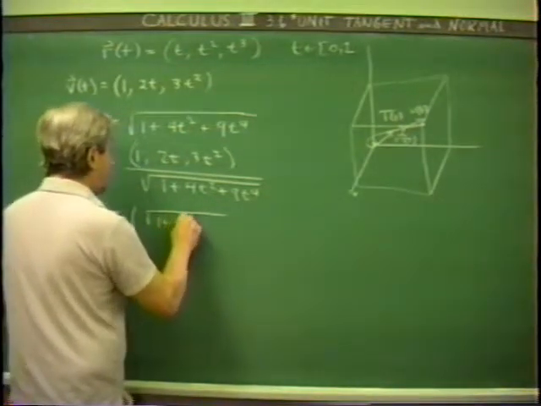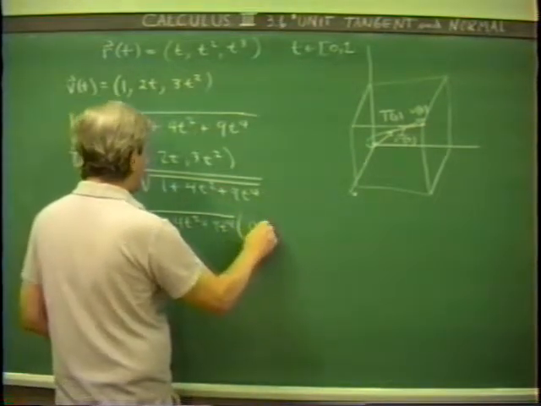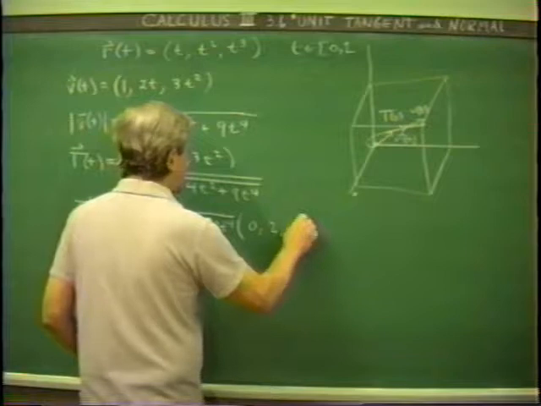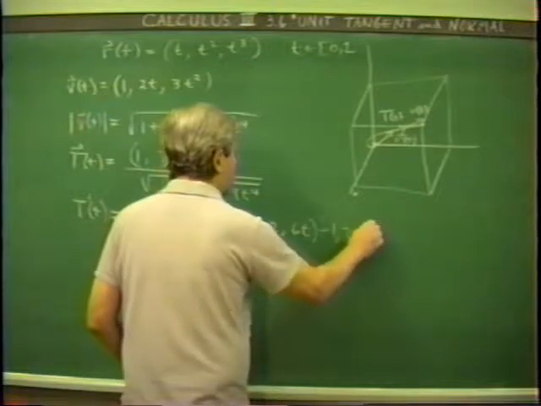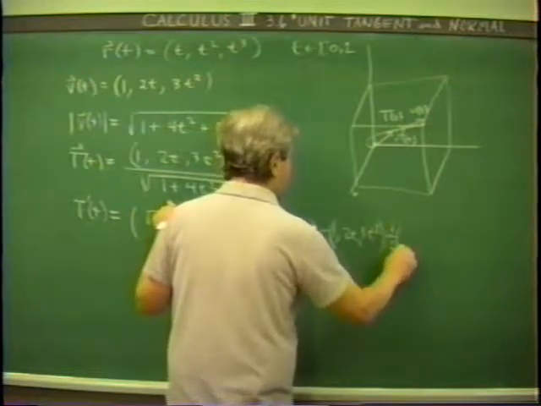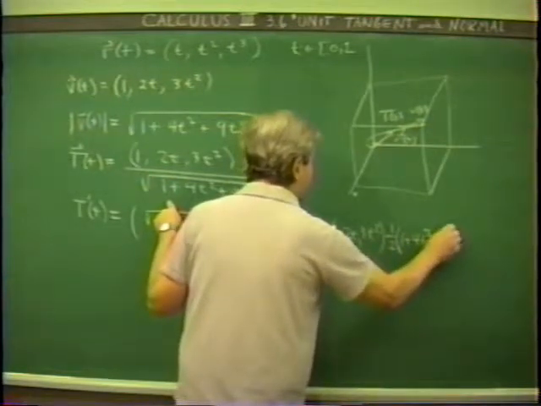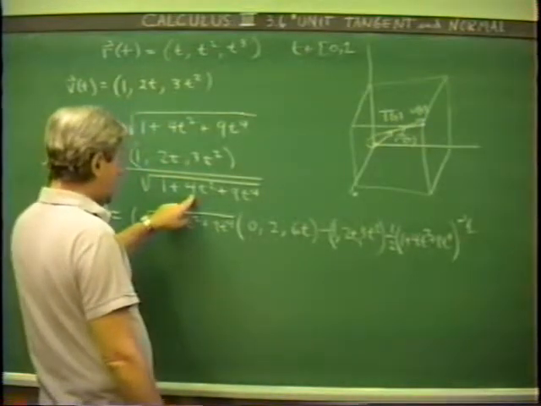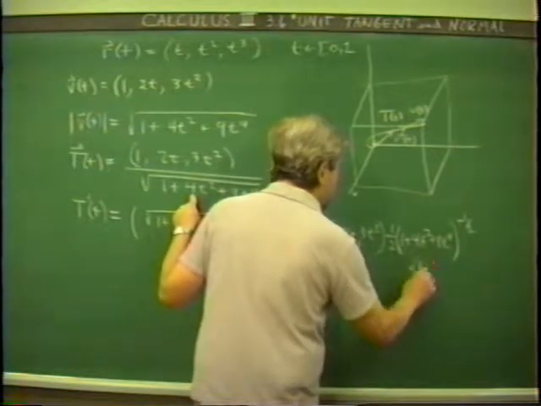That's to say, the derivative of this should be the denominator, square root of 1 plus 4t squared plus 9t to the fourth, times the derivative of the numerator, which is 0, 2, 6t, minus the numerator, 1, 2t, 3t squared, times the derivative of the denominator, which is going to be 1/2 this to the minus 1/2, 1 plus 4t squared plus 9t to the fourth to the minus 1/2, times its derivative, which is going to be 8t plus 36t cubed.